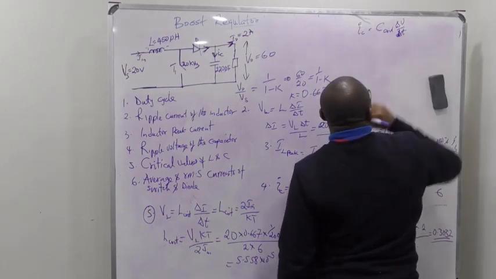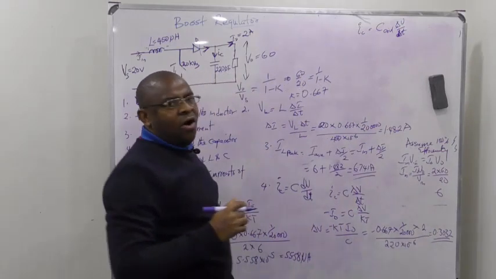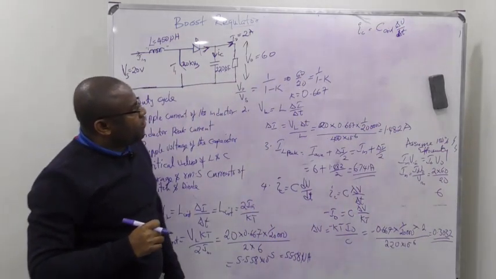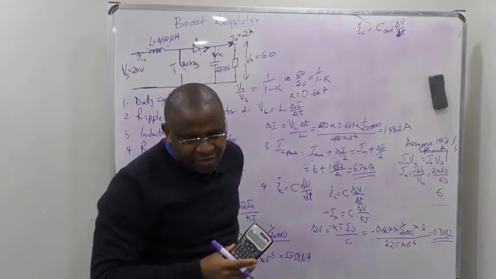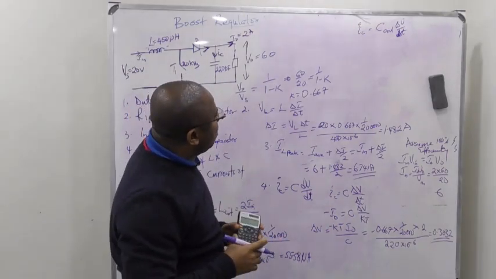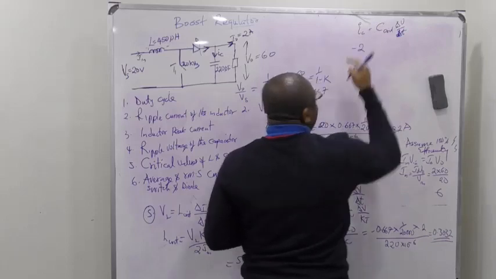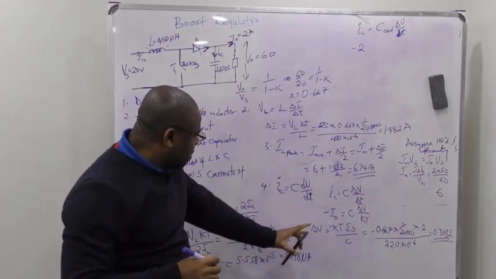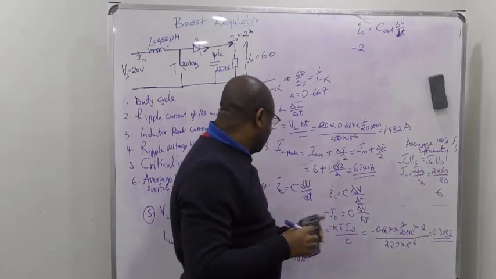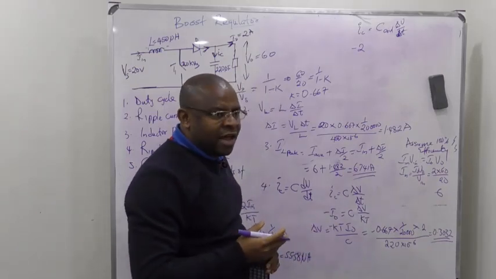But that is at time, if I'm looking at time of on, that to be minus 2 for IC that we got somewhere before. IC is minus IO.